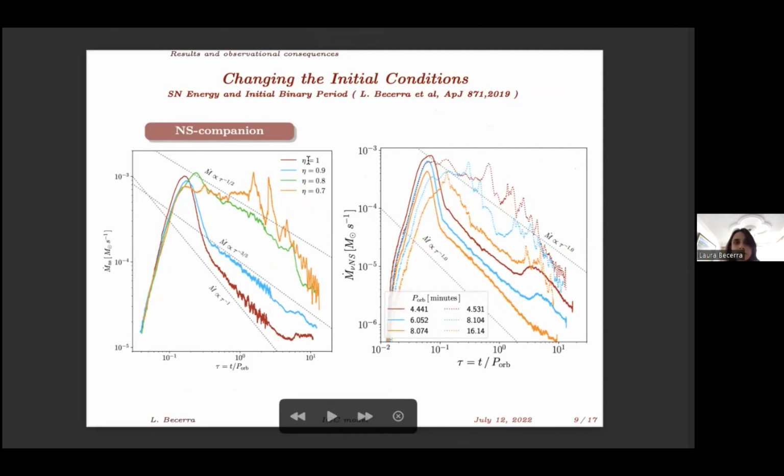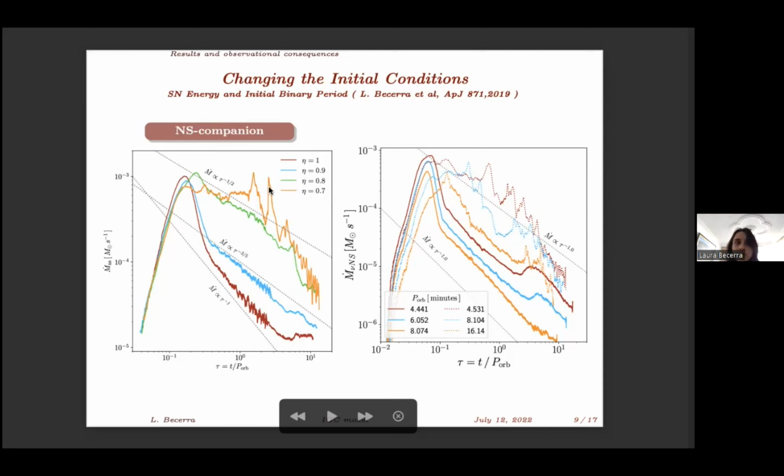We see with this eta value that a high eta value corresponds to high energy and a low eta value corresponds to less energy. So we see that the amplitude of the accretion doesn't change with the energy of the supernova, but the shape of the accretion changes.